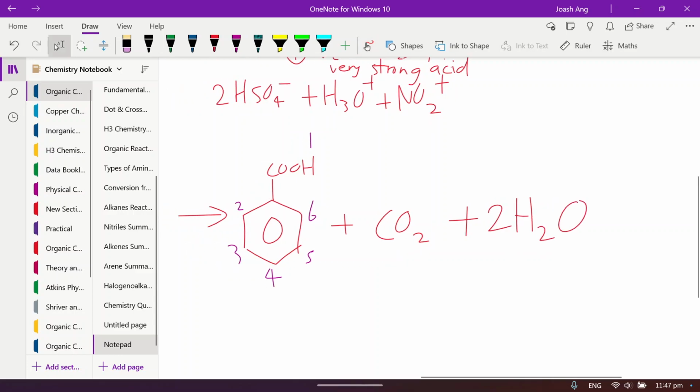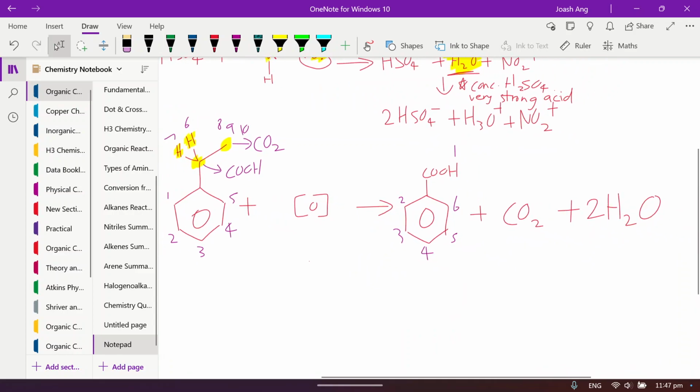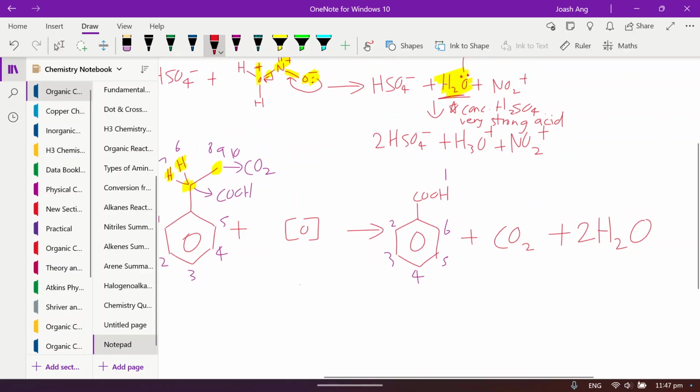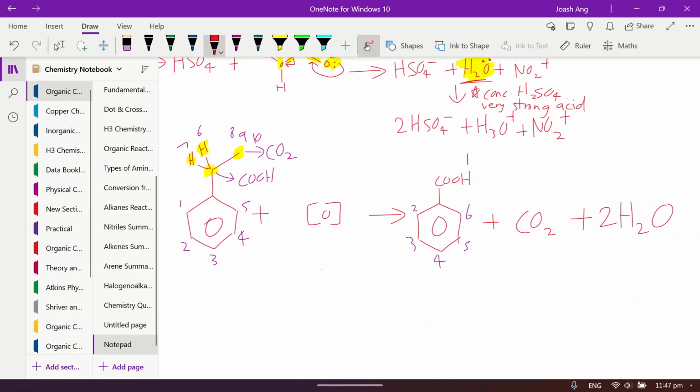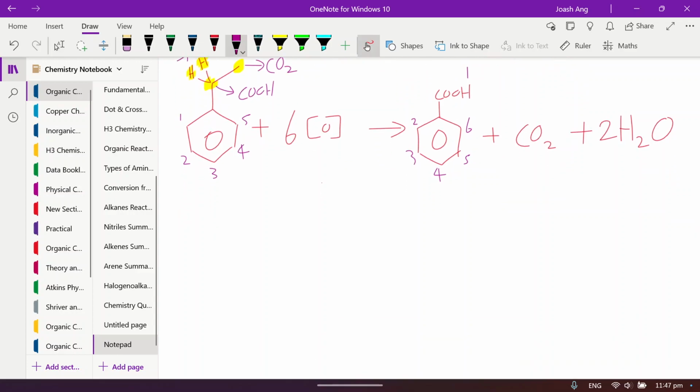Okay, and last but not least, we will balance oxygens. How many oxygens are there on the right hand side? 1, 2, 3, 4, 5, 6. So there are 6 oxygens in total, so we put 6 right here. And that's how you officially balance a chemical equation. So I recap with you the steps. 1, balance carbon.